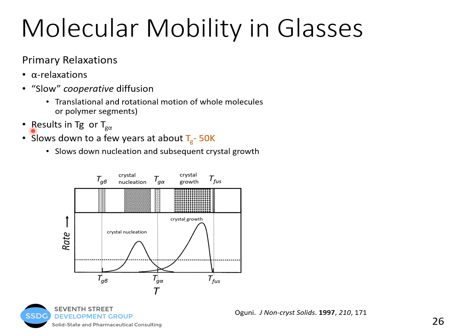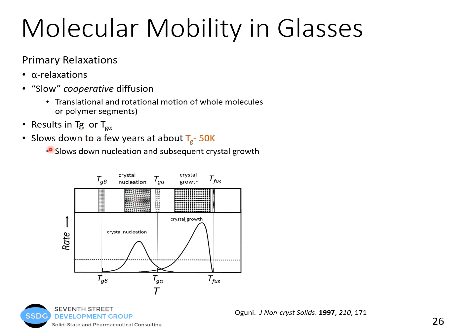And this results in the Tg that we commonly report. It's also known as Tg alpha. So again, here we have our melting point. As we cool down, we have our Tg alpha, and this is again where a supercooled liquid is going to transfer to our glass.